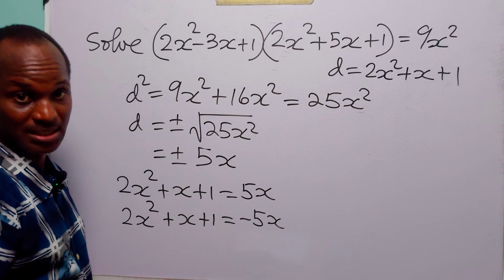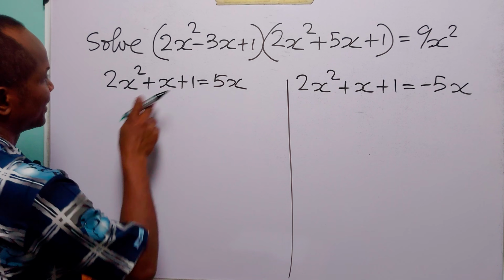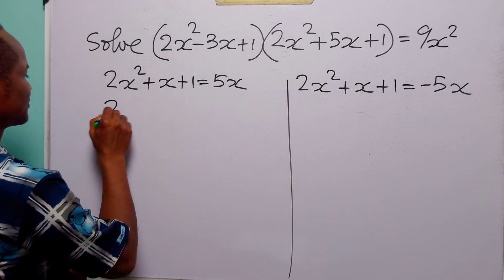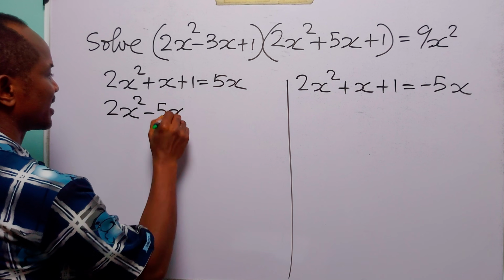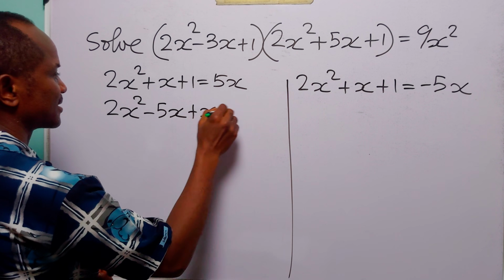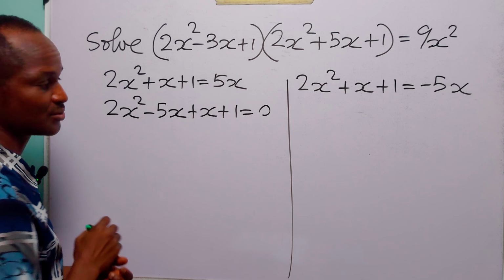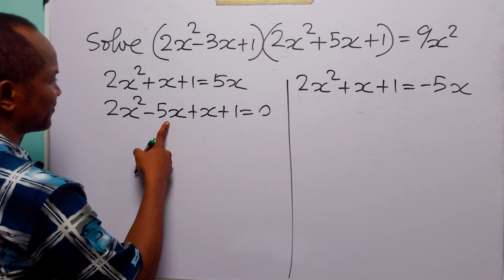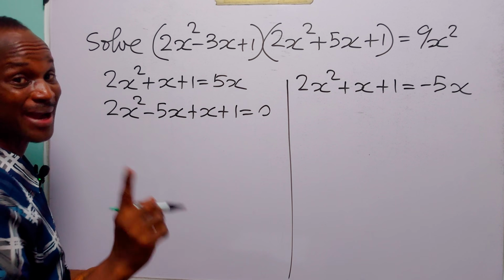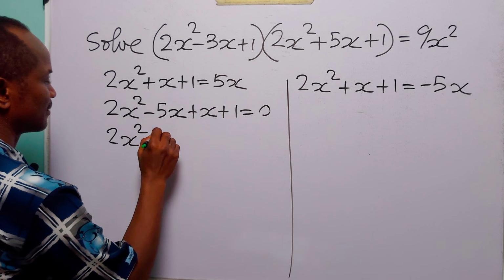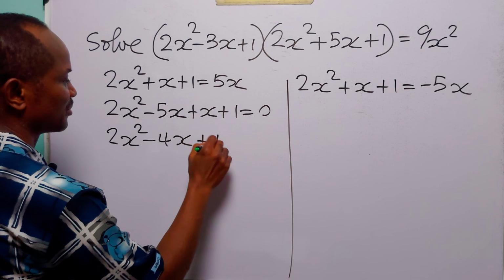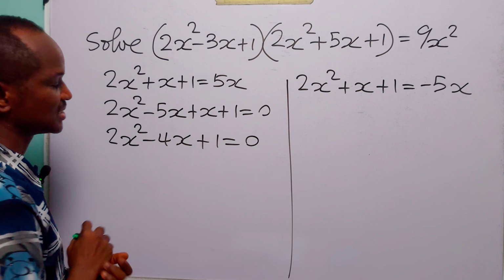these two quadratic equations. Now in the first case, we have that 2x squared minus 5x plus x plus 1 is equal to 0. Minus 5x plus x is minus 4x. So 2x squared minus 4x plus 1 is equal to 0.